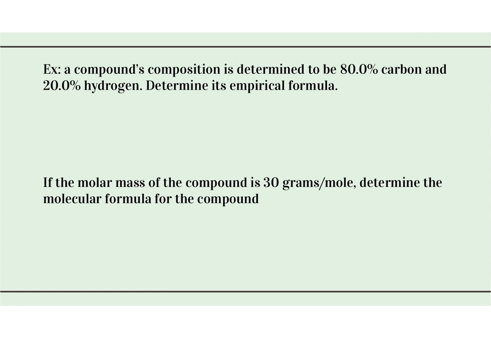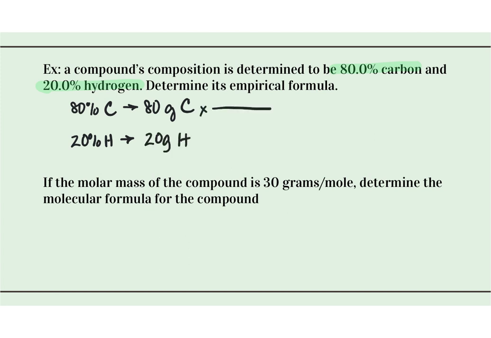If I have this particular problem, I have a compound that's 80% carbon and 20% hydrogen. So I'm going to go through and determine its empirical formula just like I did before. 80% carbon, 20% hydrogen. First step is to convert those to grams. 80 grams of carbon, 20 grams of hydrogen.